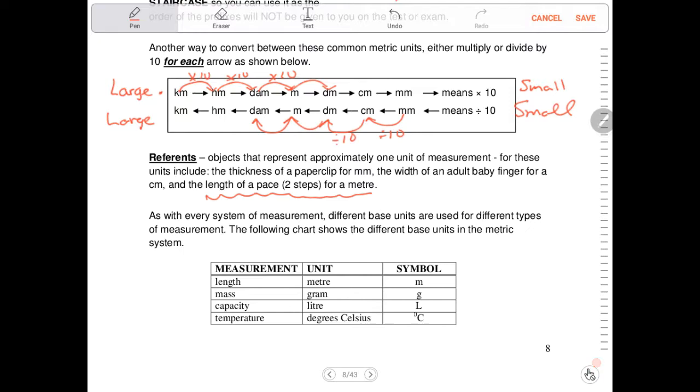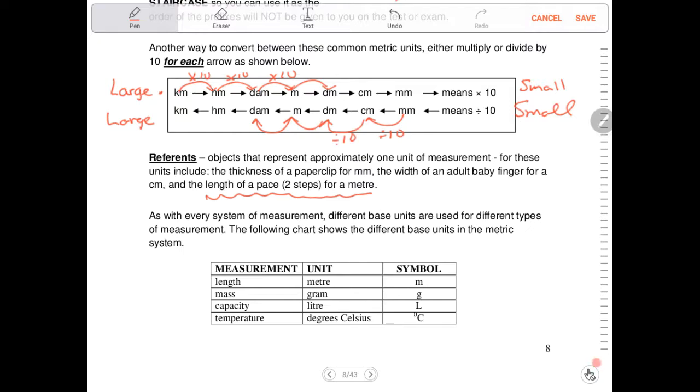Referents are everyday objects that we can use to measure. Another one is the baby finger for a centimeter. Some people take the width of a finger and put that along an object and count how many finger widths they have, and that counts for centimeters. That's not a big issue. You'll come across that in a bit.